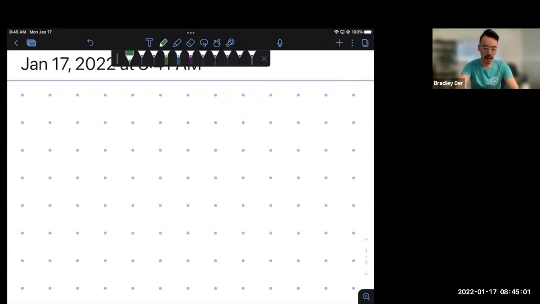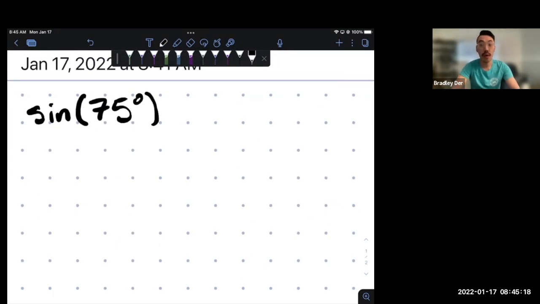To start, I'm gonna ask y'all a question, and I think I've mentioned this before. My favorite questions are the ones that look very simple and are actually very complex. For example, if I asked you for the sine of 75 degrees, what would you tell me? I don't know that I expect an exact answer from you.